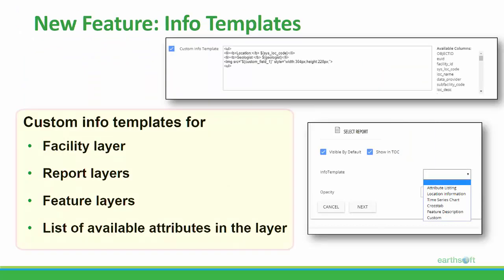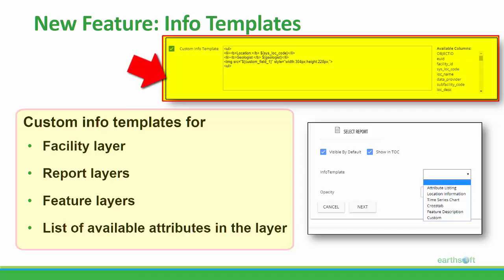Another feature we have is the info templates. We have info templates for the facility layer as well as the report layer. As you can see in the image on the top, I have put in a little script there for information that I want to be able to see in my map widget.